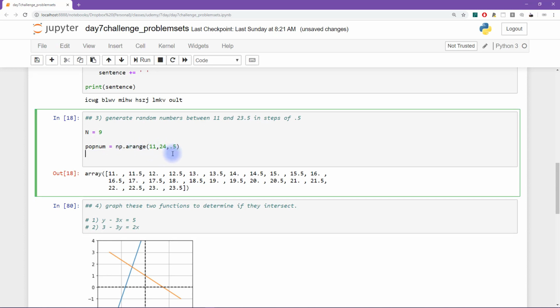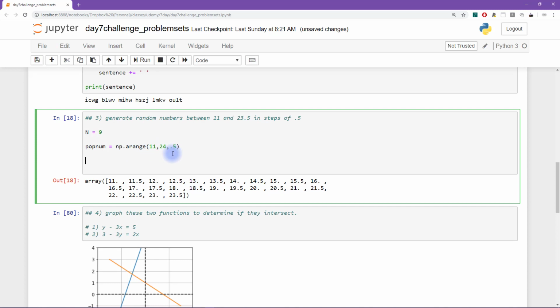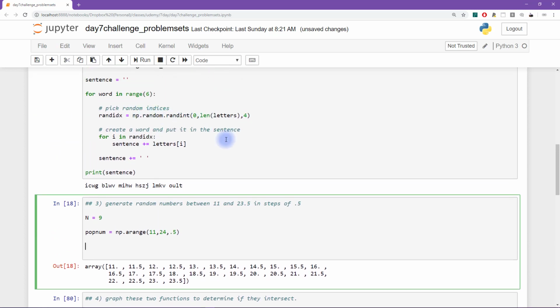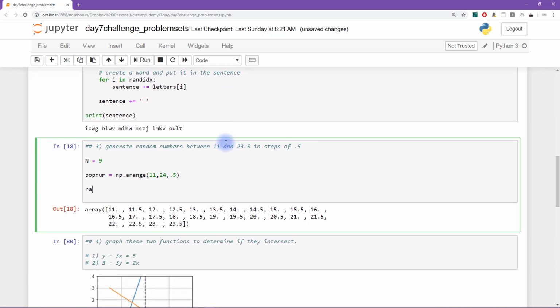All right, so then I'm going to generate some random integers similar to what I did in this problem up here. So let's say rand idx equals numpy.random.randint. And now, again, we want randomly selected integers between 0 and the length of pop num.